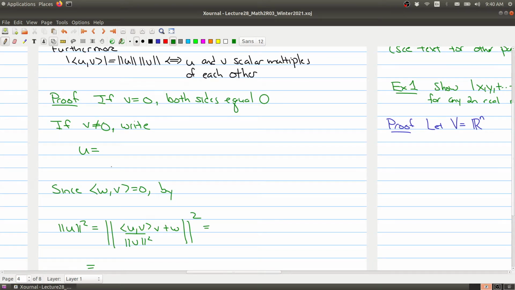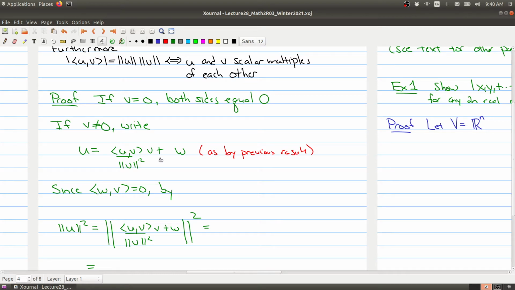Well, we take u and we write it as the inner product of u and v over the norm of v squared times v plus w, where we're using the previous result.